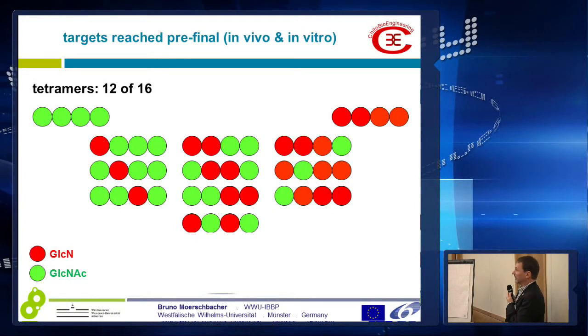We have, of course, tried to achieve those also. For instance, you can see here, there's the 4th one missing, where we would have only the reducing end deacetylated. This is a tough one. We had a very good idea, a very good lead, but unfortunately, so far, it's not active. So this is missing, and this is also why some of the others probably are still missing.